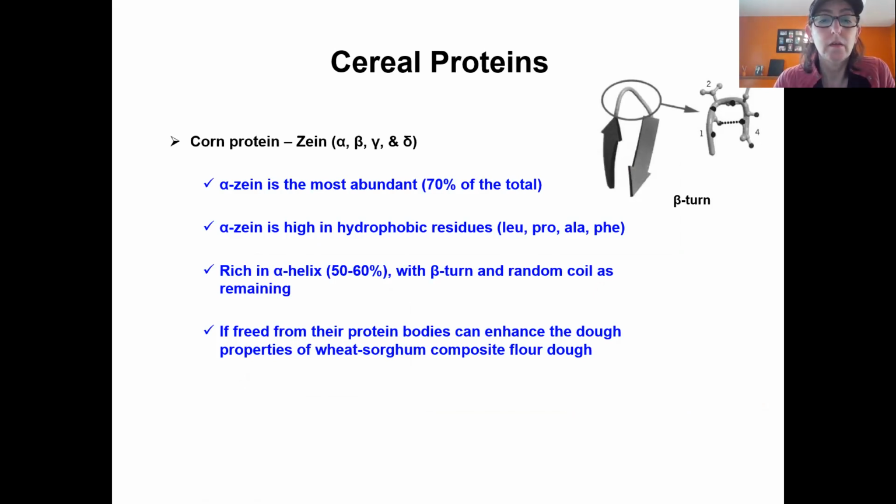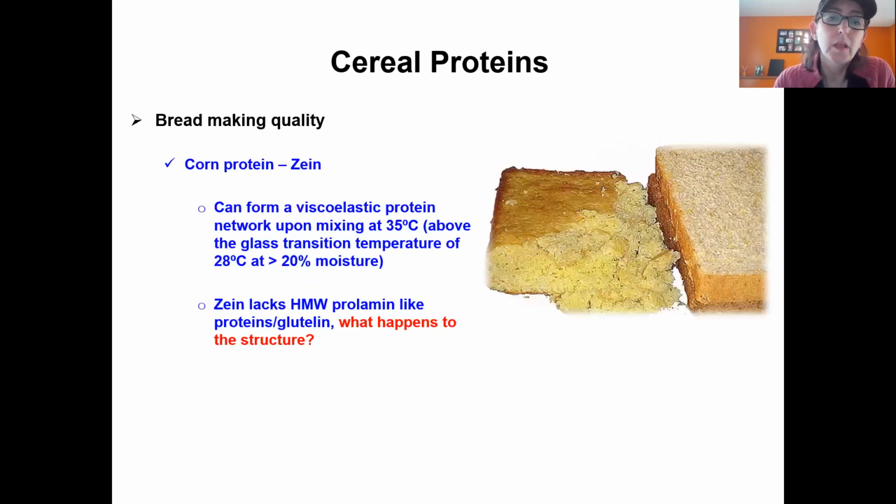And it doesn't have the viscoelastic properties that the gluten-forming protein has, because alpha-zein is a prolamin of lower molecular weight. It doesn't have glutenins, so you don't have the high molecular weight prolamin.